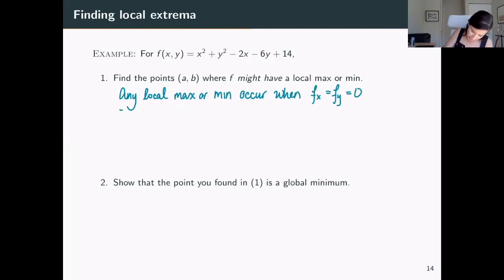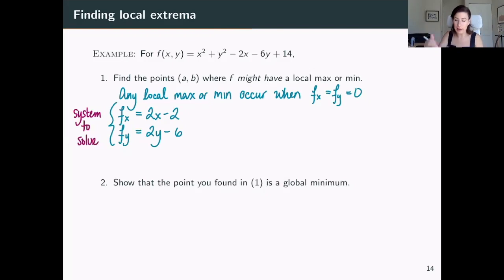We know that f sub x is going to be equal to 2x minus 2, and our f sub y is going to be equal to 2y minus 6. And this is a system that we need to solve.